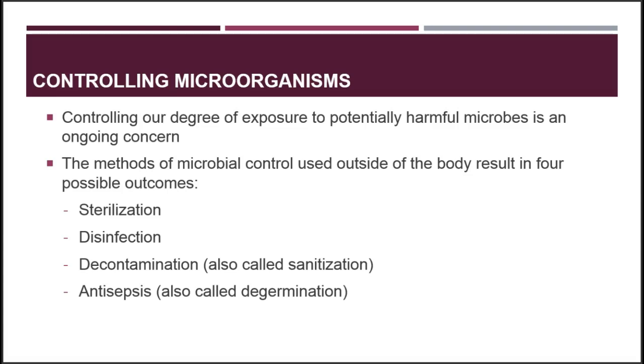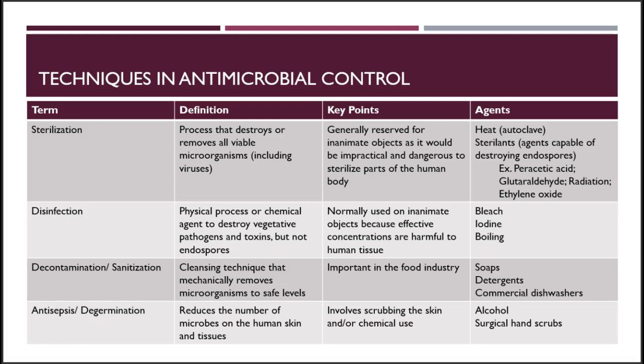So sterilization, disinfection, decontamination, which is also known as sanitization, and antisepsis, which is also called degermination. Each one of these techniques has a different outcome as far as controlling microbes and the level of control that we're able to achieve by using one of these methods.